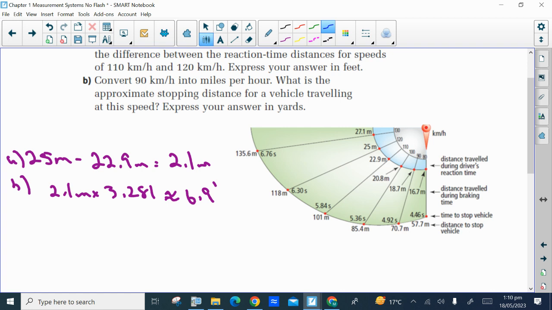Part B says convert 90 kilometers an hour into miles per hour. What is the approximate stopping distance for a vehicle traveling at this speed in yards? So this is part B. So 90 kilometers an hour into miles per hour.